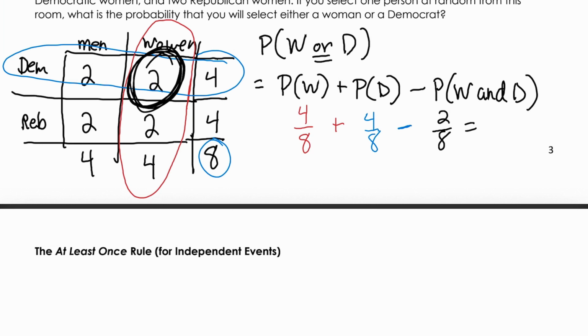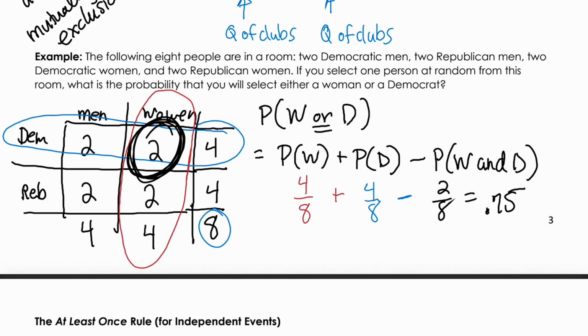So when I put 4 over 8 plus 4 over 8 minus 2 over 8 in my calculator, I am going to get 0.75. So the probability of selecting a woman or a Democrat is 0.75, or a 75% chance.